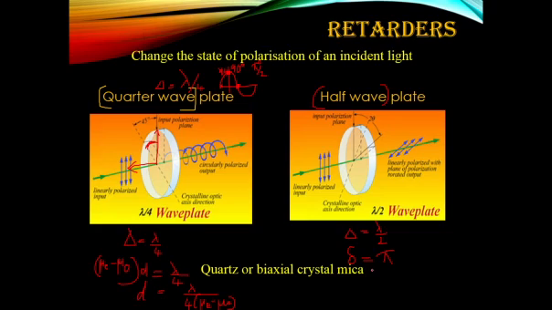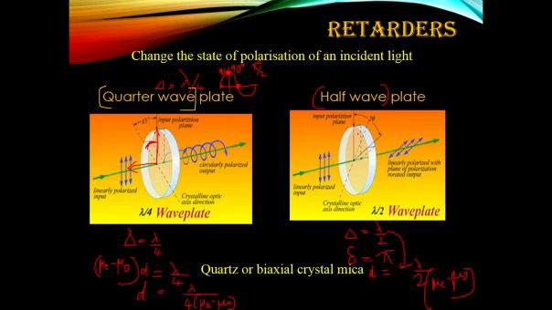And for a half wave plate, what would be d? It would be this one: lambda by 2 into mu e minus mu o. The same thing you have done for the quarter wave. Okay, so the question might be like that.